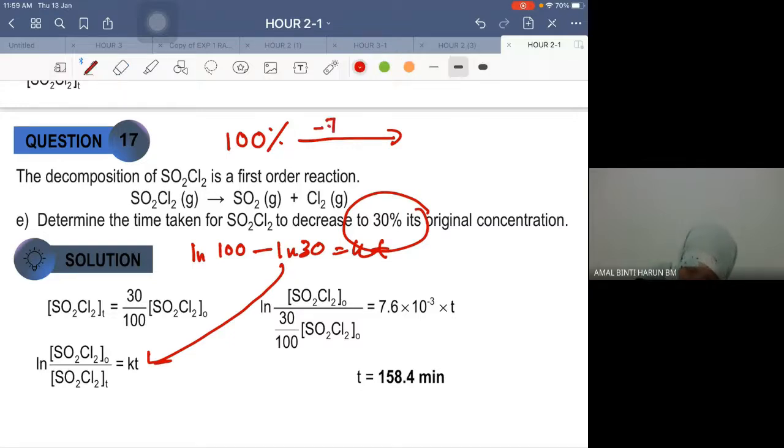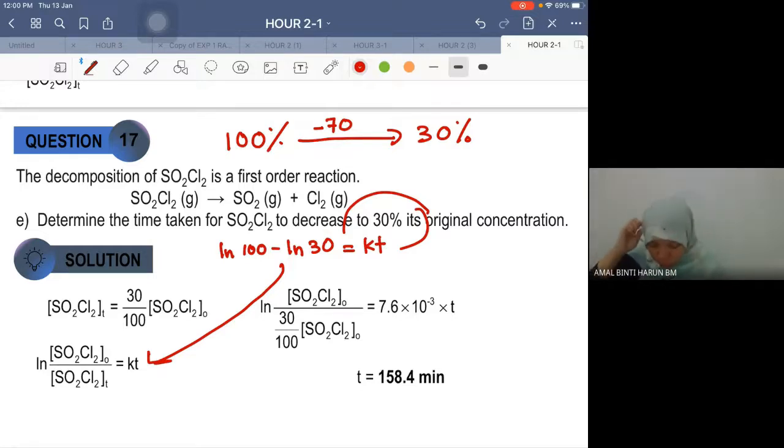Ini tolak 70 jadi 30% ke macam mana? Ln 100 tolak ln 30, equal to KT. 30, decrease to. So final concentration dia adalah 30% daripada nilai yang asal. So initial 100, remaining 30.